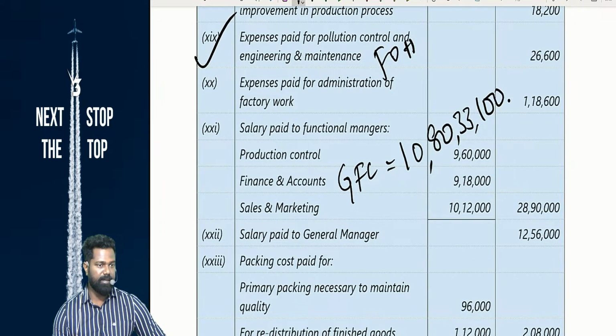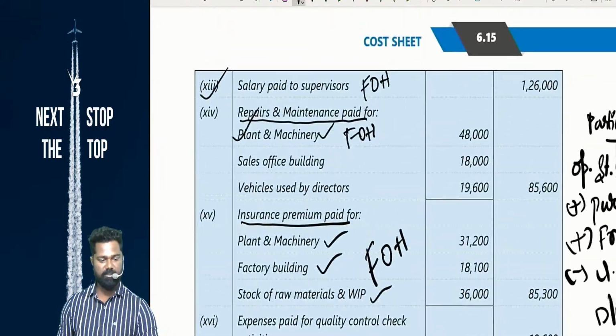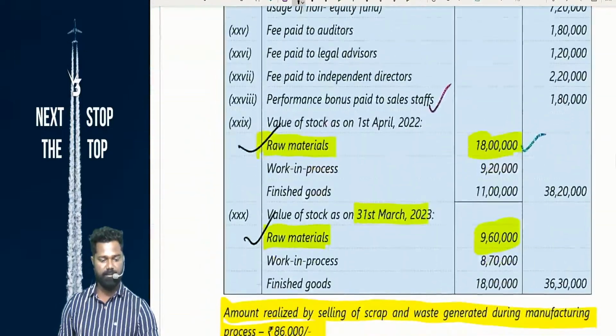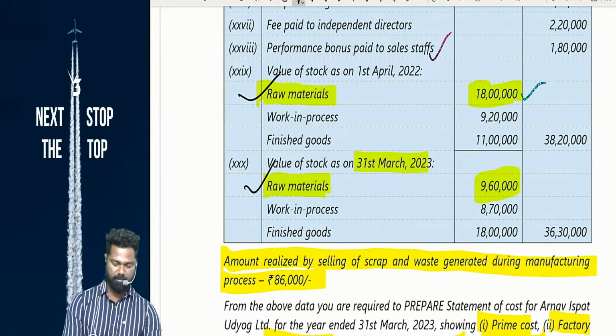Up to this point, are you clear? Next, add opening stock of WIP. How much is opening stock of WIP? Just go through the question and tell me.